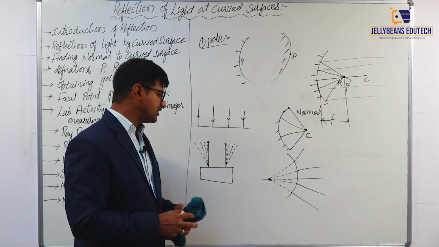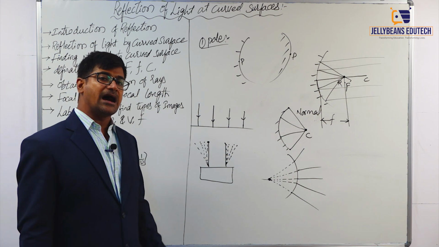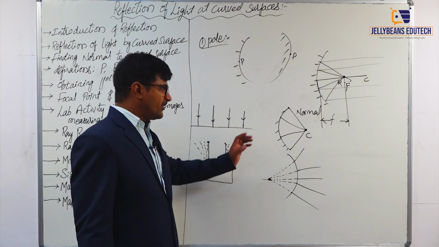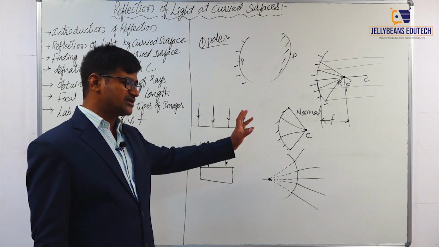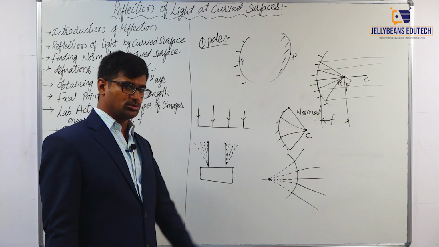By this activity we confirm that light rays coming from an infinite distance are parallel to each other. So for the formation of the focal point, we use parallel light rays only.